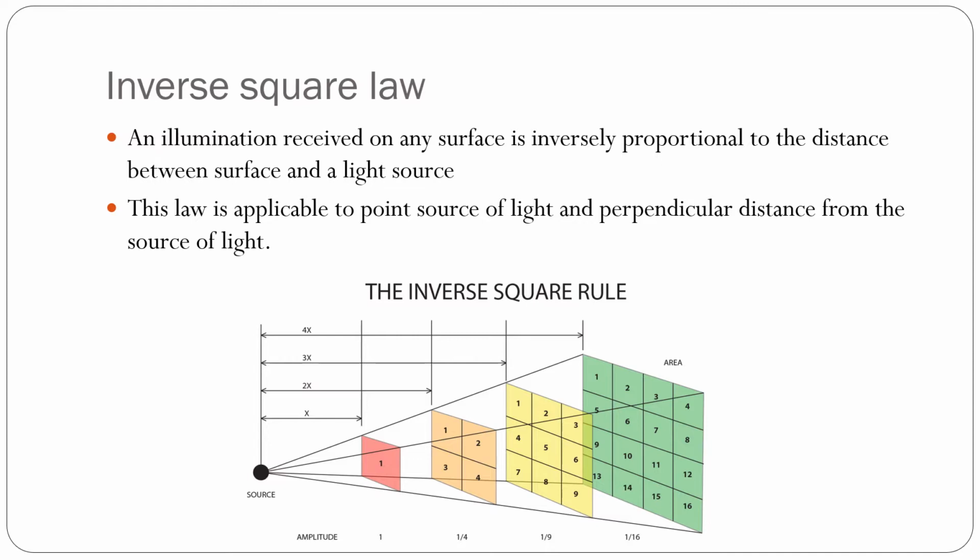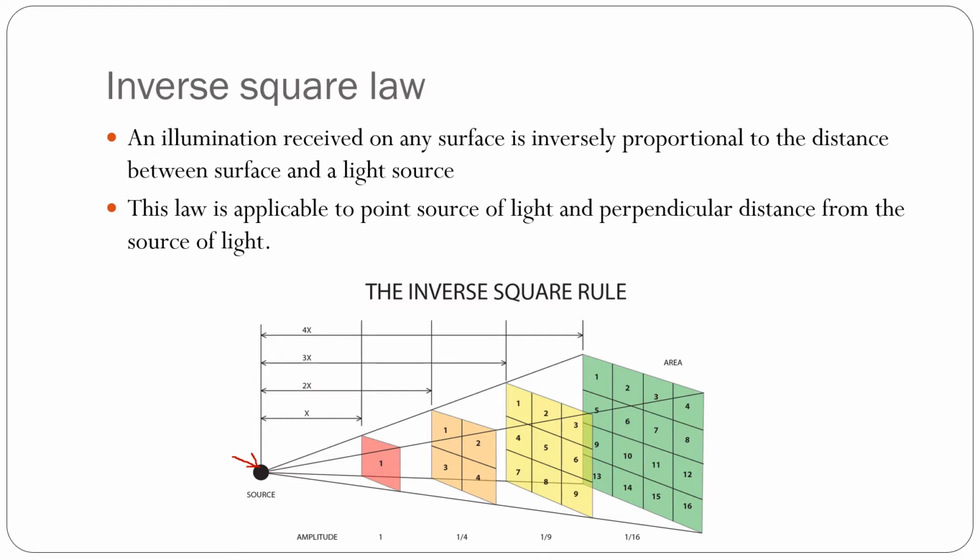Now you can see from the figure here, this is a point source. This is the source of light. The illumination received on any surface is inversely proportional to the square of the distance between the surface and the light source. This is the statement of the inverse square law.